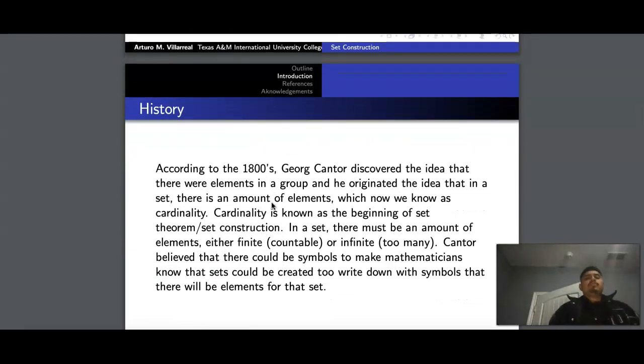Let me give you a little introduction about the history. Everything was founded in the 1800s by a famous mathematician named Georg Cantor. Georg Cantor was one day playing with sets, researching a shorter way to show that several elements were part of a set.